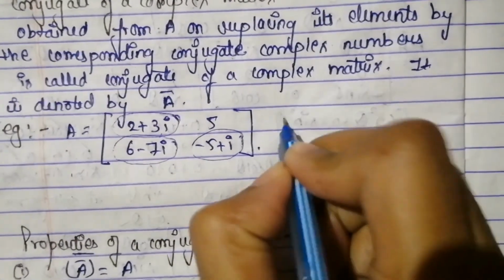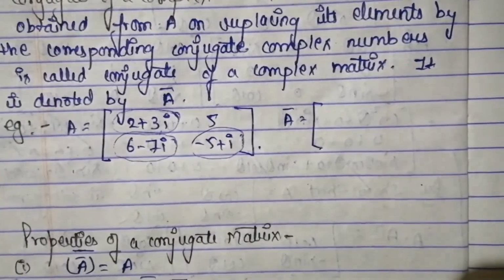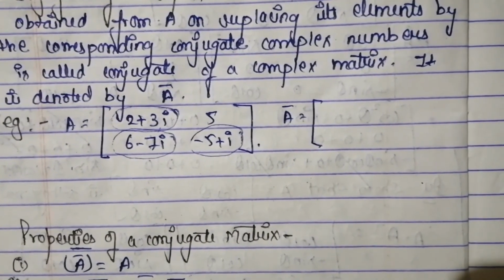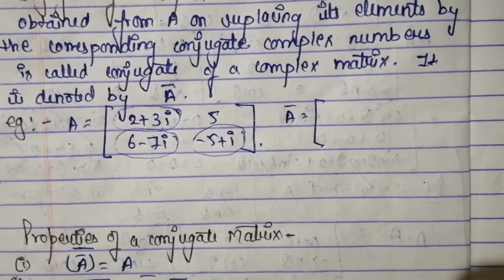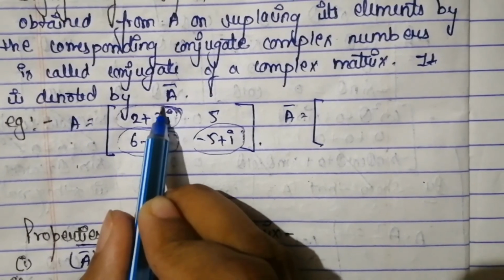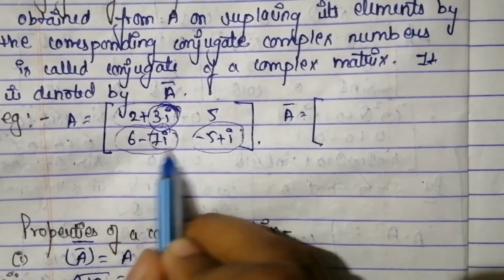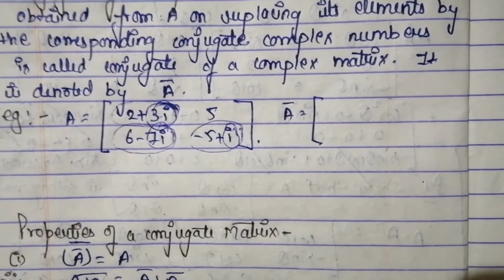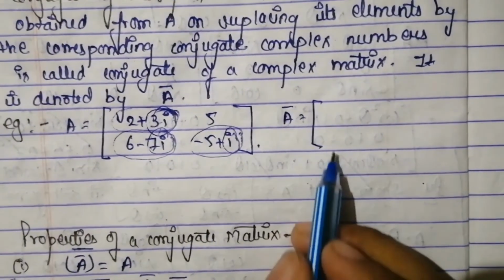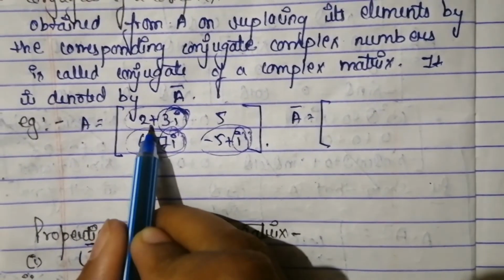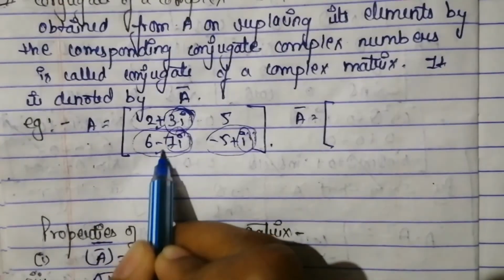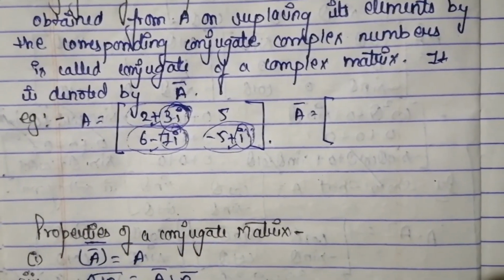So for its conjugate, we have to do only one thing. We see the imaginary part, which is where the iota is present. For its conjugate, we will change the sign of the imaginary part.